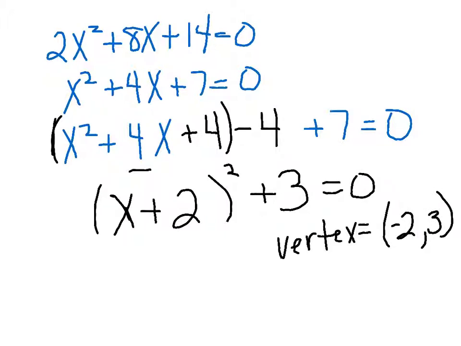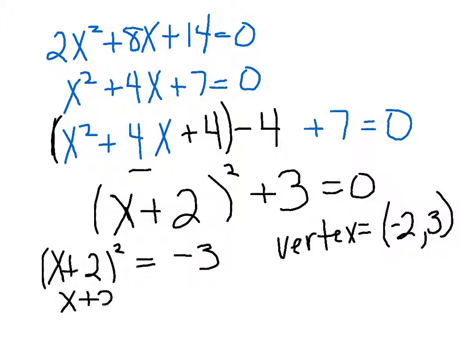Okay? Now, if I want to solve this equation for my x-intercepts, I need to move the 3 to the other side. And then I need to take the square root of both sides.